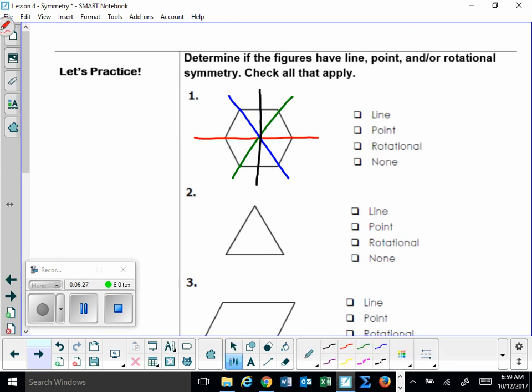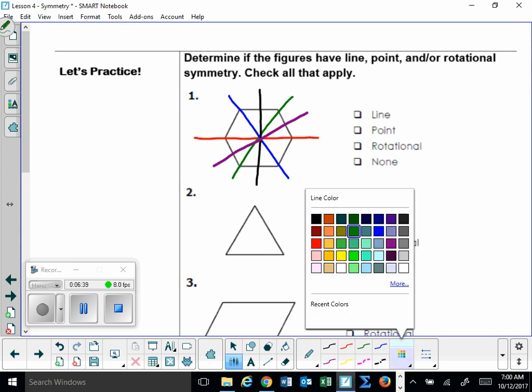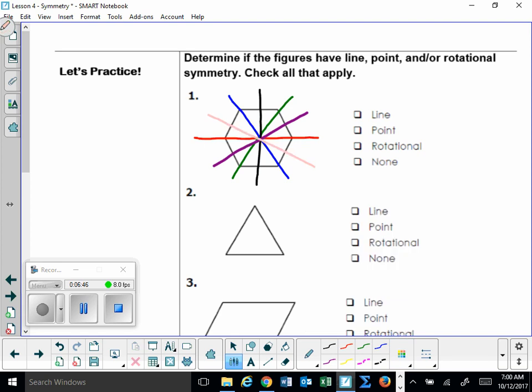I can fold here. I can fold, let's get yet another color. Ooh, I don't know if pink's going to show up or not, but we're going to try it. Here. All right, so 1, 2, 3, 4, 5, 6 lines of symmetry. Interesting. I have 6 lines of symmetry here.